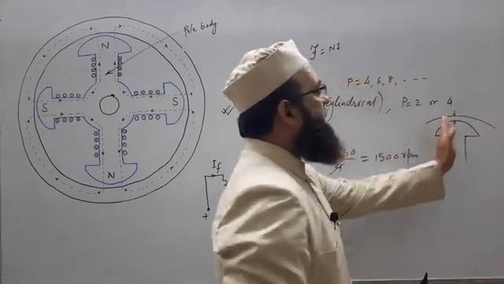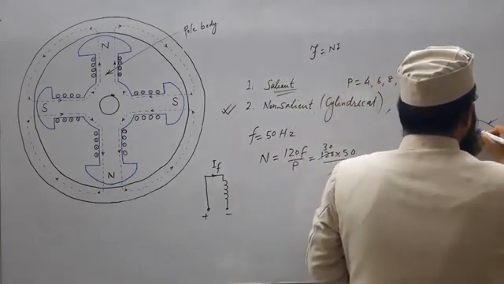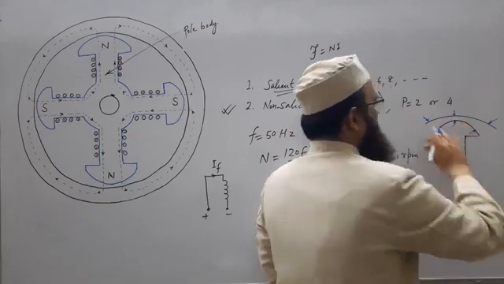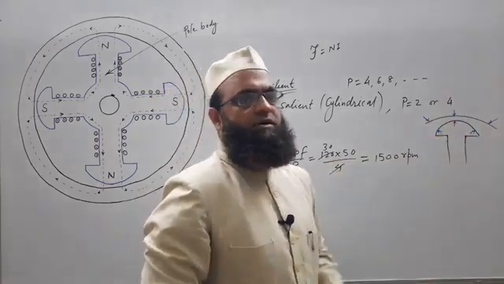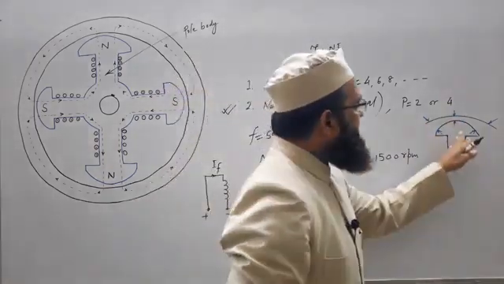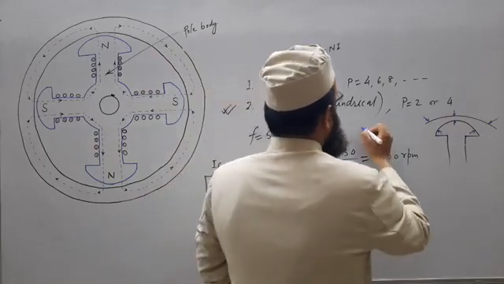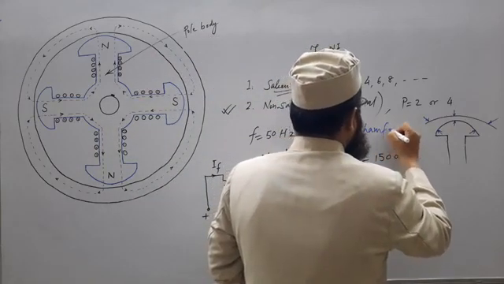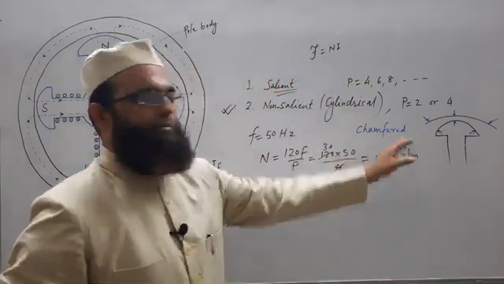As you are moving away from the center, the air gap is increasing and you can see that at the end it is maximum. What is the reason behind this? This shape of pole is known as chamfering. You can say chamfered pole, chamfering of pole.